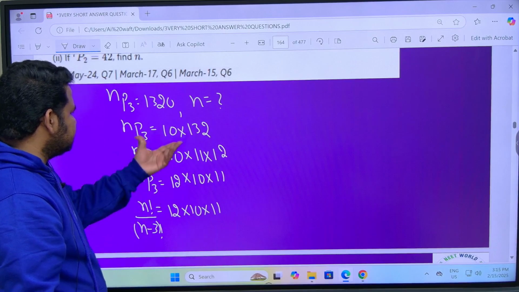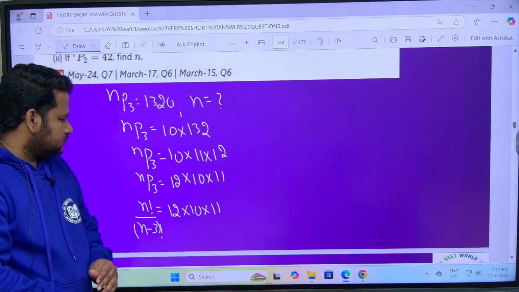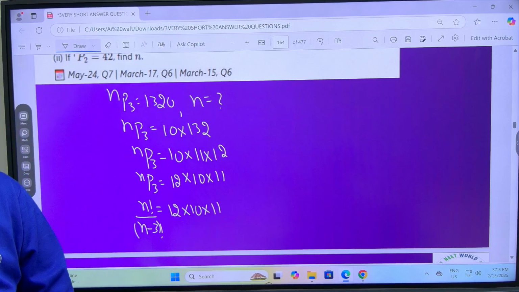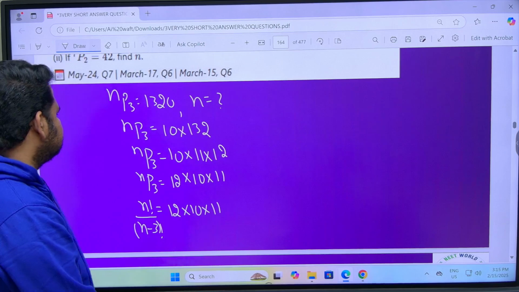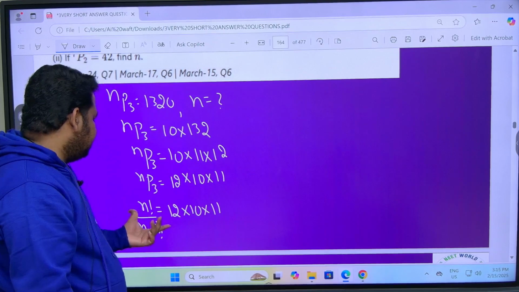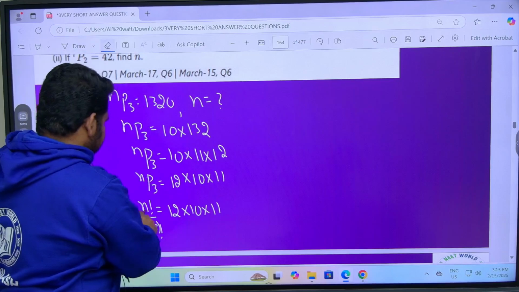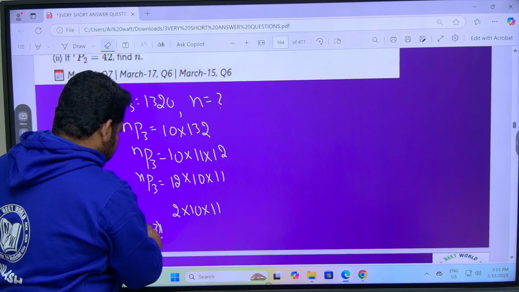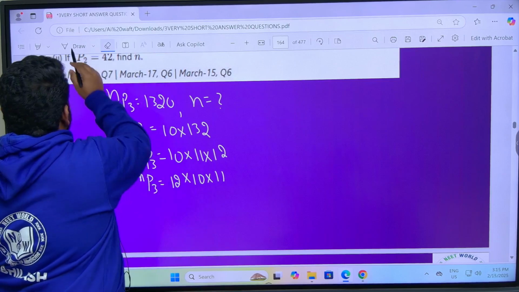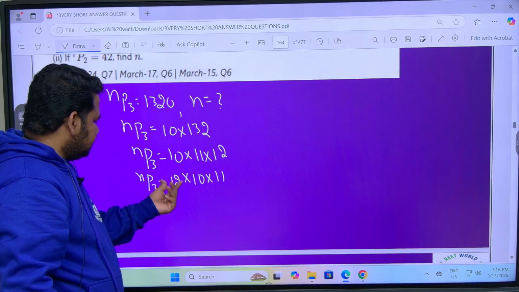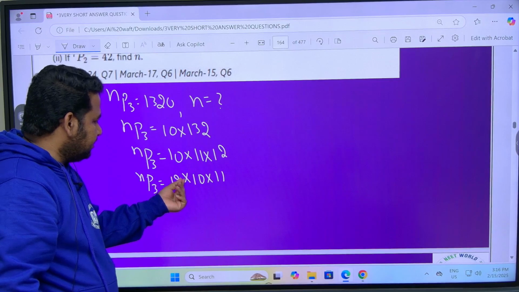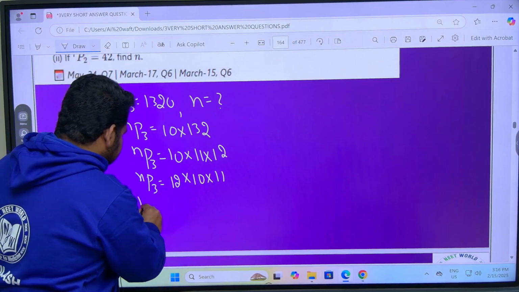So here we have to find the value of n. How do you find it? First of all, you must understand the meaning of NP3. Actually we can avoid this step. 12 into 10 into 11 means there are 12 different objects taken 3 at a time.